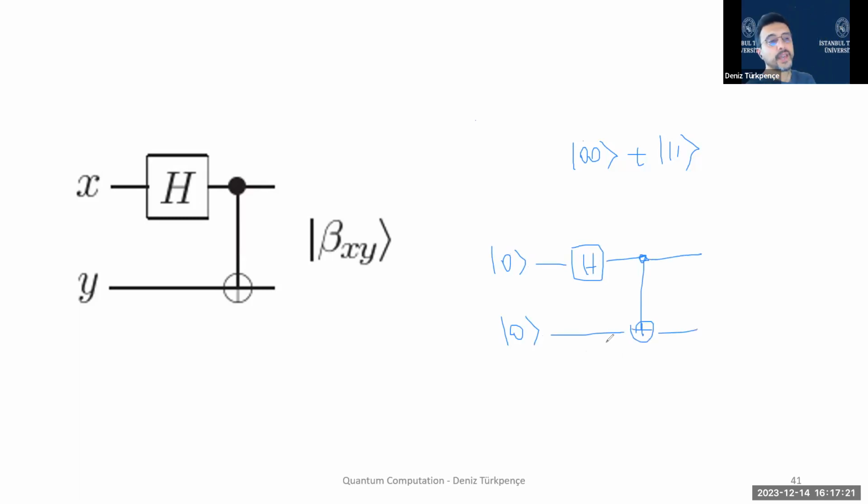what you will obtain, for example, my initial state is 0, 0. If I write this in the Hadamard gate, now, again, I'm omitting the normalization condition. Hadamard gate to the first qubit, which I write in this manner. This Hadamard gate is being active only in the first qubit.